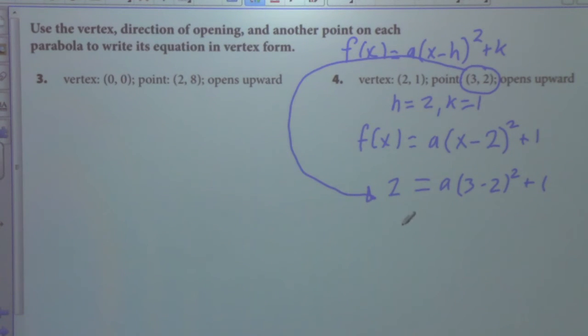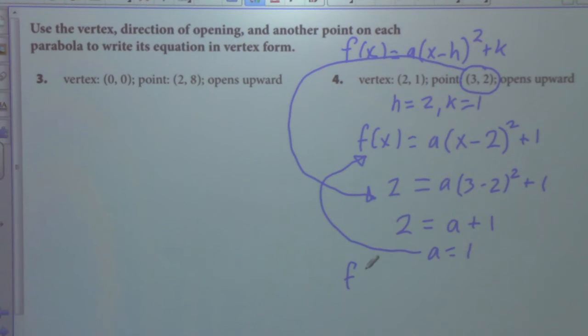So 1 squared, so we get 2 is equal to a plus 1. And then if we subtract out, a is going to be equal to what? 1. A is equal to 1. And so now we can take this a equals 1 and plug it right back into this form here.